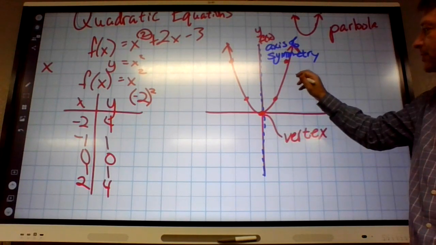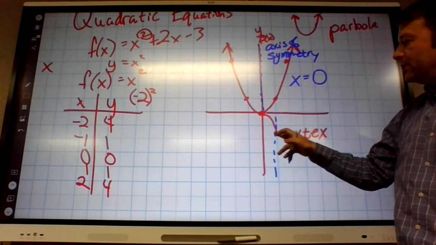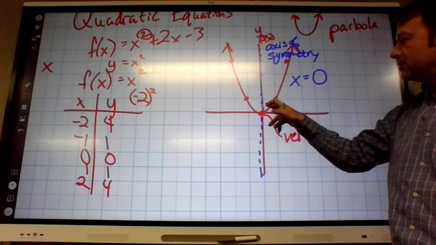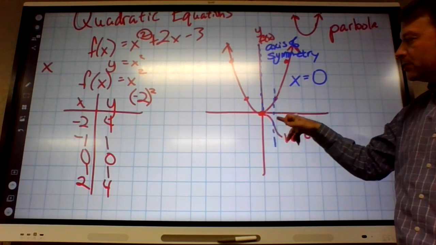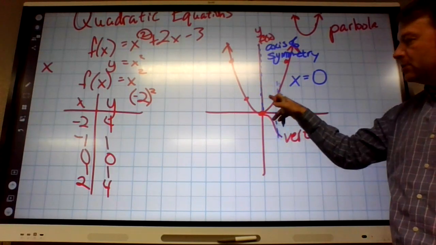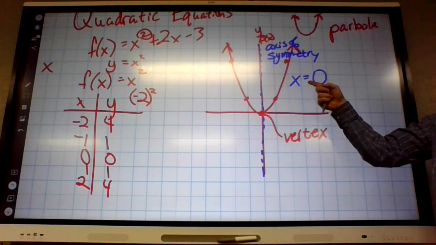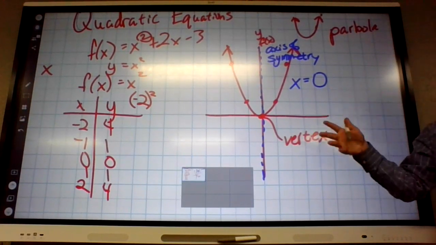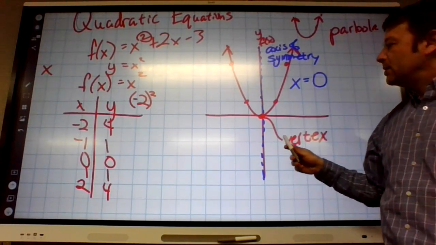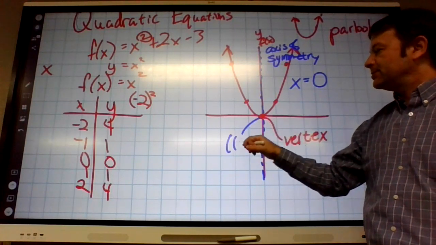What's the x-coordinate for this one? 0. If you move it over, it'd be x equals 1, or x equals 2, or x equals -1. So the axis of symmetry always looks something like x equals 0, 1, 2, whatever. The vertex right now is at (0, 0).